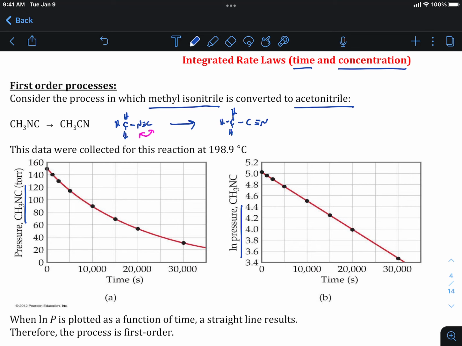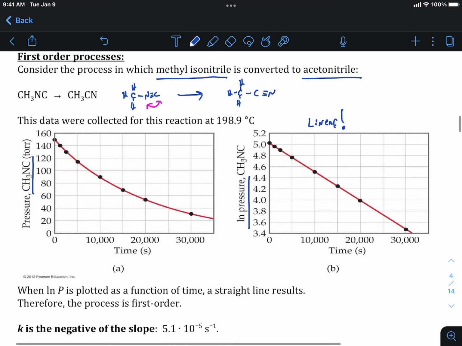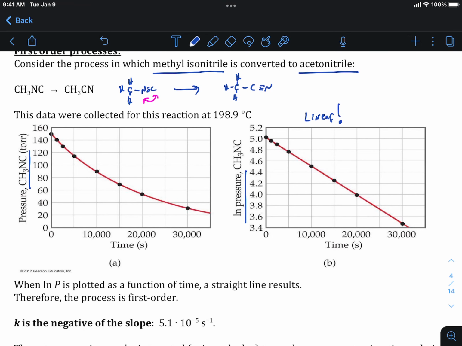And by doing that, we straighten out the plot. All right, so we got a linear plot. So now that we've taken the natural log of our data and we've produced a linear plot, we got a straight line, and when this happens, this is confirmation that this process is first order.